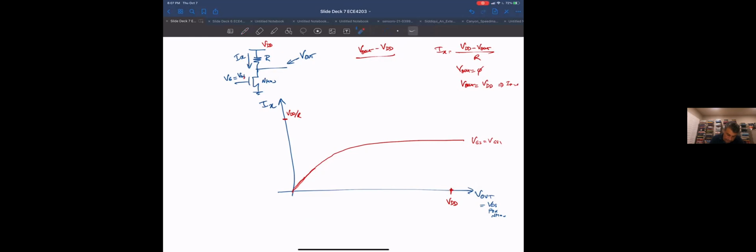And the slope of this line is going to be 1 over R. Usually we're used to seeing the resistance slope looking like this with 1 over R, but I'm plotting V out here, not VDD minus V out. That's why it's flipped over. Do you see why I drew it like that?